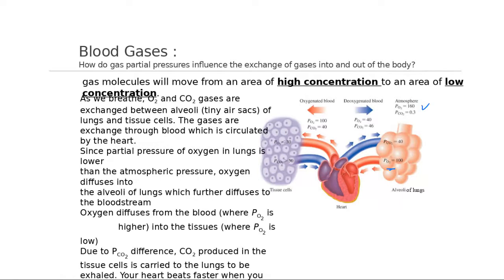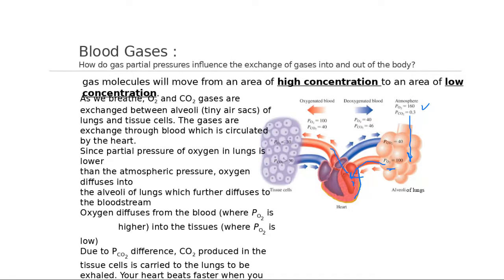What will happen? That means that the oxygen will start to diffuse from the high concentration to the low concentration. Okay? And then it will diffuse into the blood, till it reaches the heart. The heart will pump the oxygenated blood, as we call this blood, till it reaches the tissues, the cells.